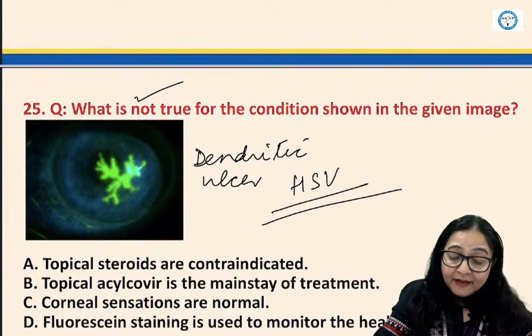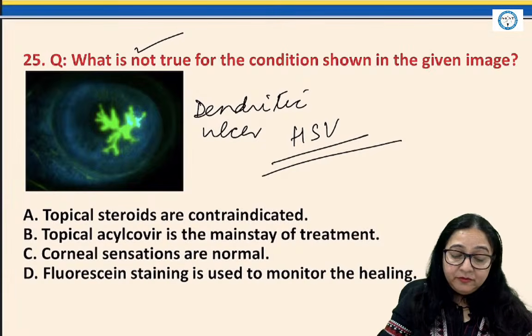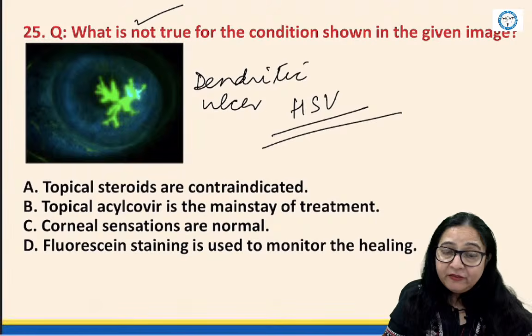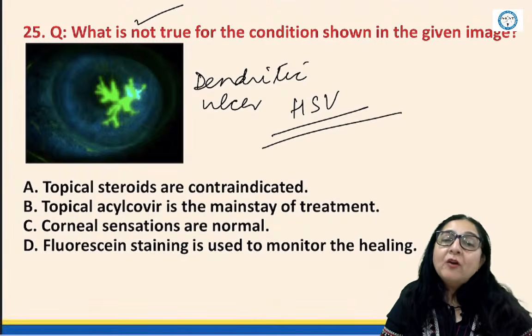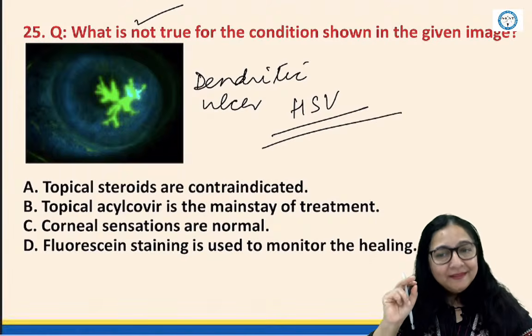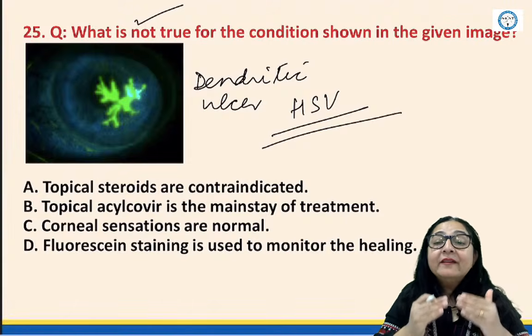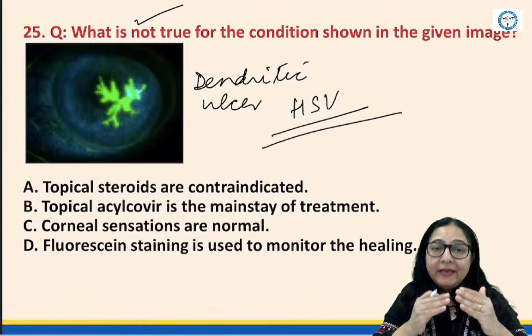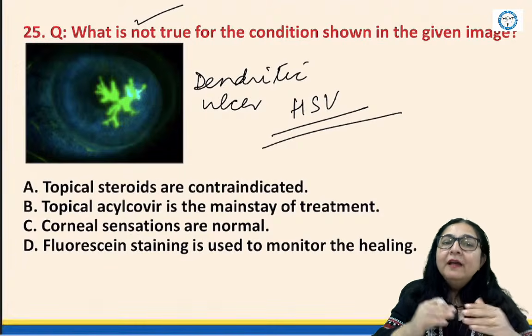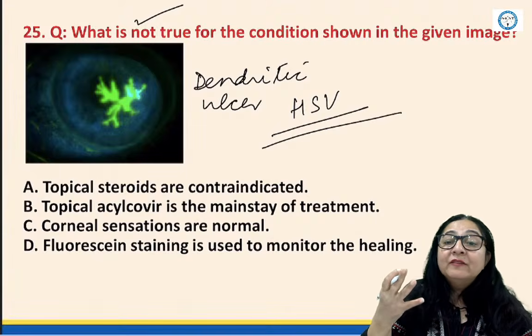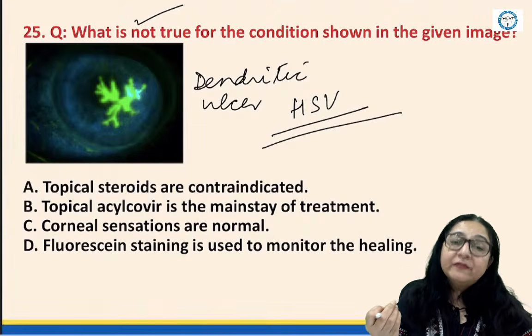Now, the question is asking which of the choices is a false statement for this condition. Topical steroids are contraindicated. This is true because dendritic ulcer is an active viral involvement of the epithelium and stroma. So if you give steroids in active viral infection, that is going to worsen the ulcer.